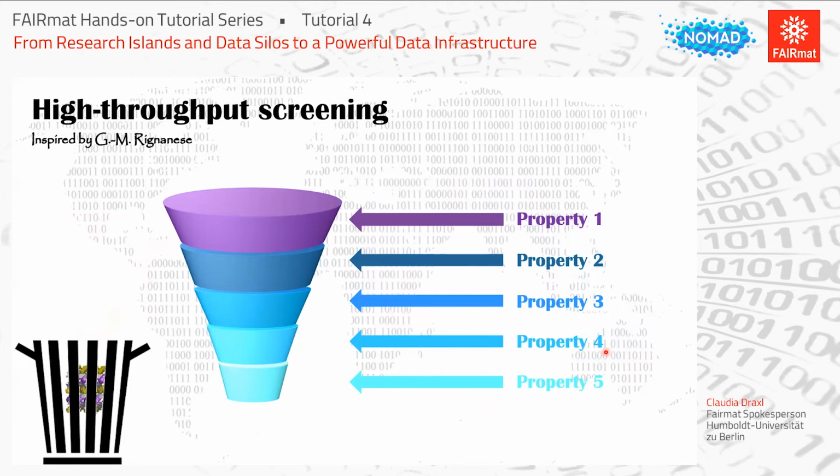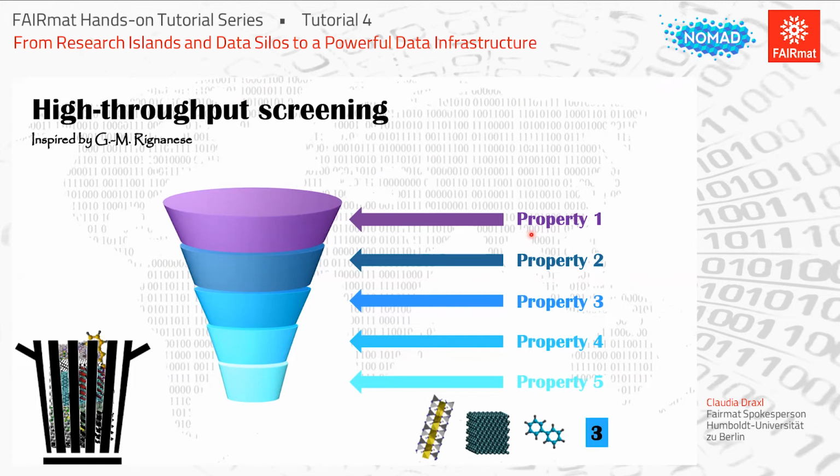For the sake of simplicity, let's think that we would like to have a material fulfilling 5 properties, and you compute these properties for many materials and see whether all these criteria are fulfilled. At the end of the day, you may find out that there are only 3, but you have investigated 13,000 materials in view of the applicability to a certain application. The 3, of course, are kept, but for the others, we typically close the lid.